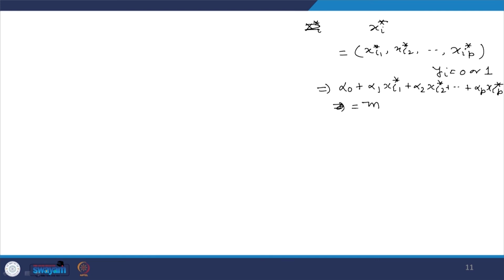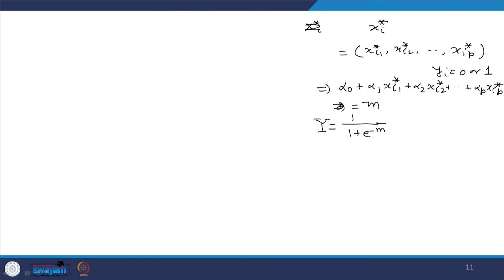Now, what we will do? Based on this m, I will calculate the value y, and y will be just 1 upon 1 plus e raised to power minus m.